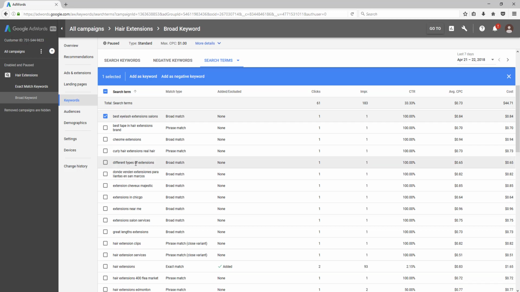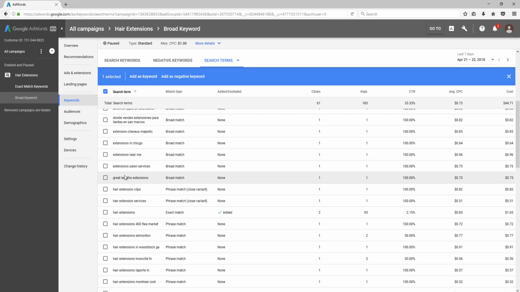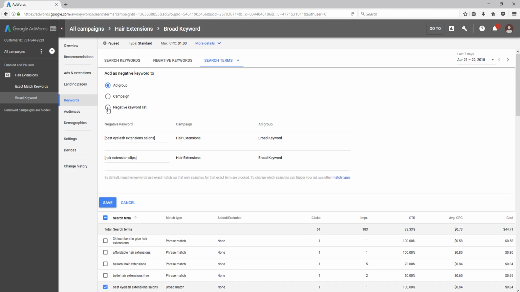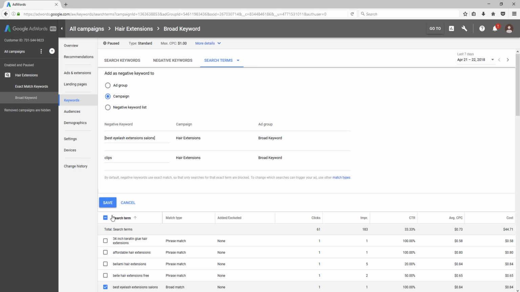Different types of extensions it could be, but they're still in a pretty exploratory stage. Doesn't mean it's a bad lead, but great legs extensions, a little better. Clips, something like that, definitely have nothing to do with clips. So we're going to add that to the negative keyword list as well, at the campaign level.